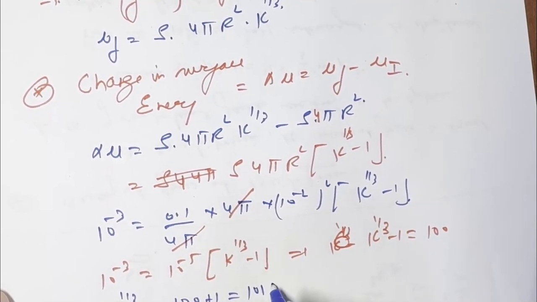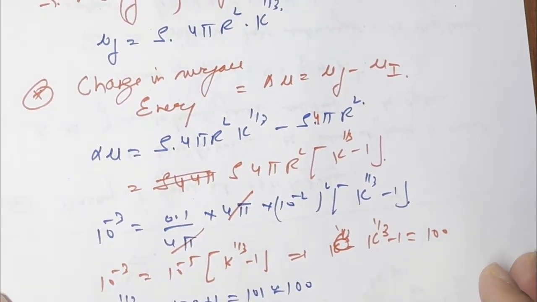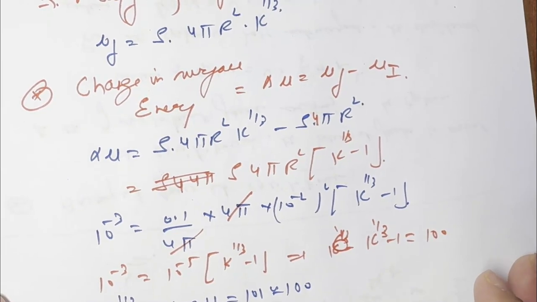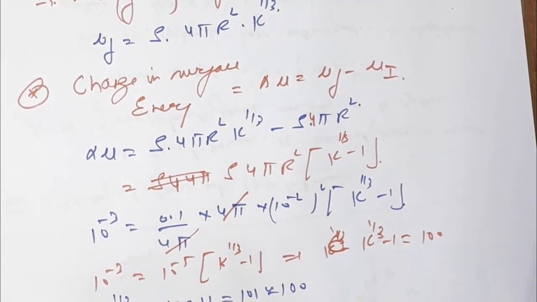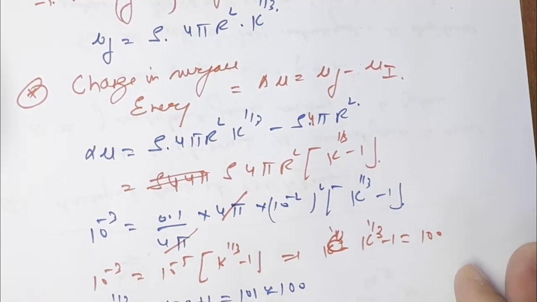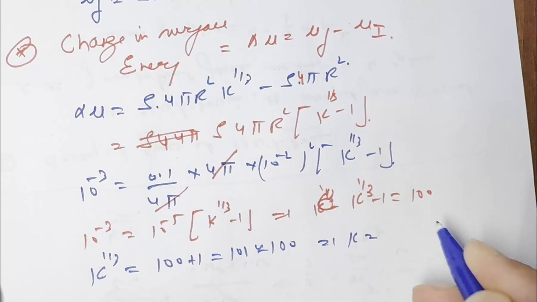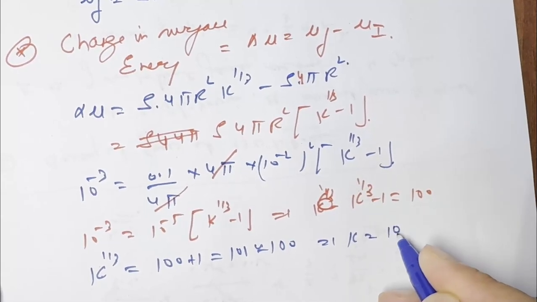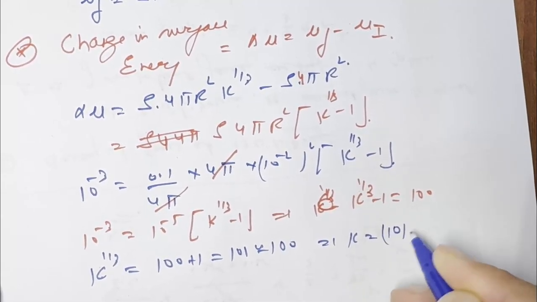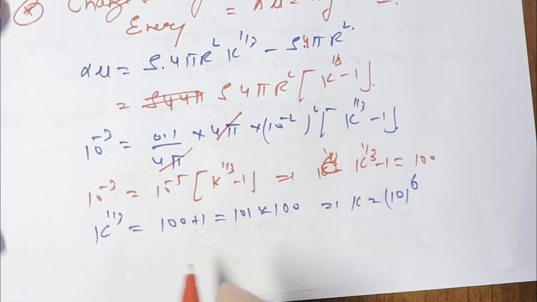which will equal 101. Approximately we can take it as 100, and it is given in the question that the value of k is 10 to the power alpha. So let us first find out k from here. k will be equal to 10 to the power 6, and k is given as 10 to the power alpha.